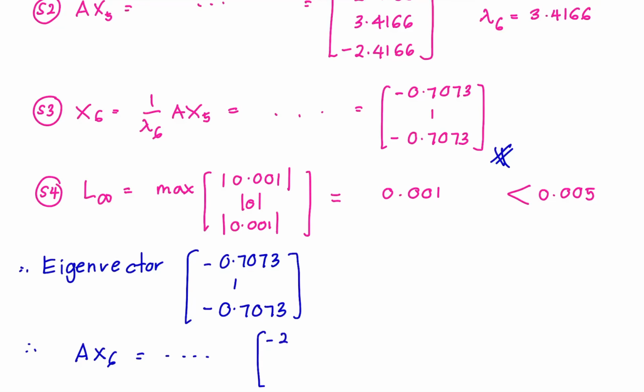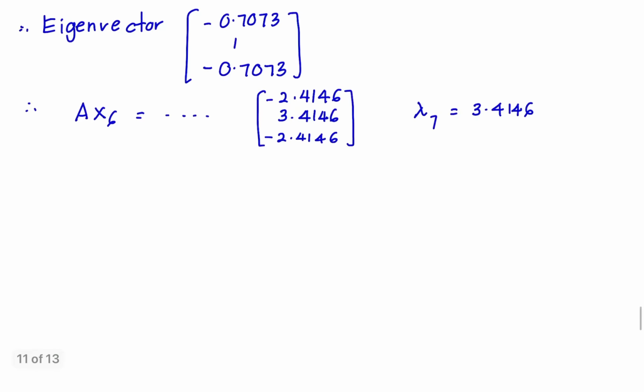So the value is minus 2.4146, 3.4146, minus 2.4146. So from here, we obtain our eigenvalue, which is lambda 7, equal to 3.4146.